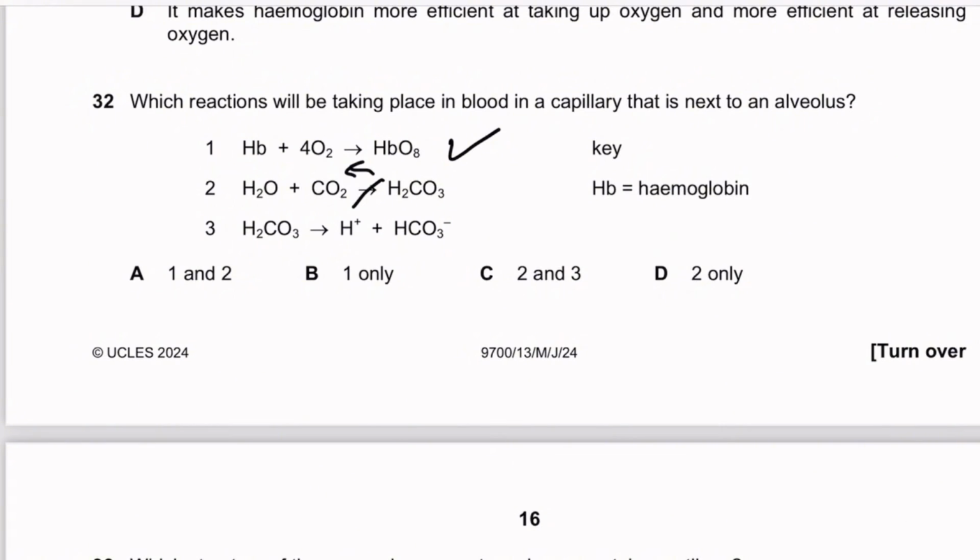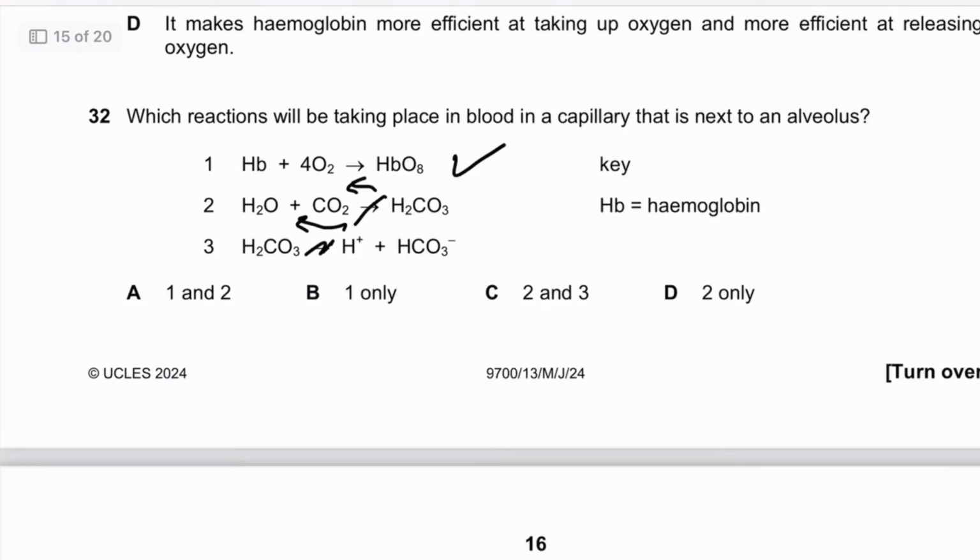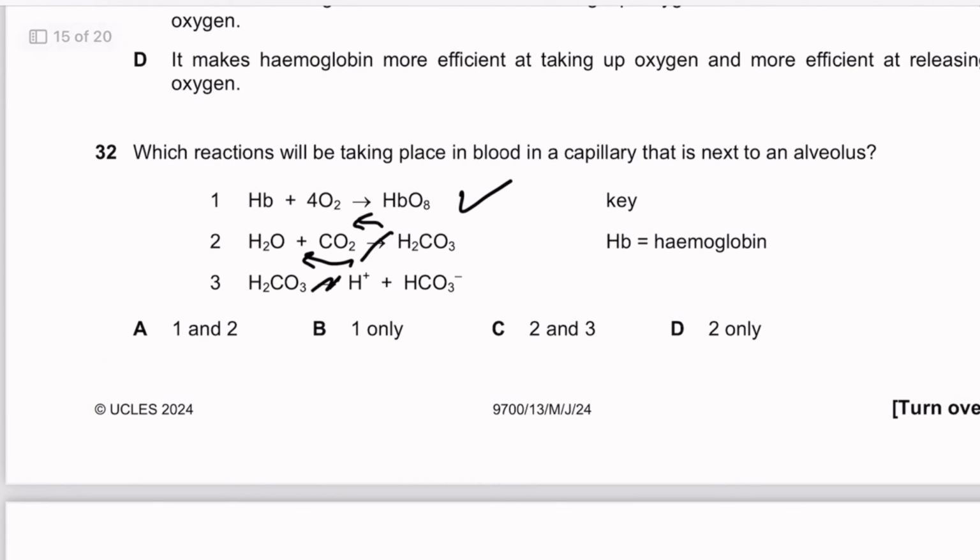Hydrogen carbonate ions bind to the hydrogen ions from the hemoglobinic acid, which dissociated as well, and they form carbonic acid. Carbonic acid will dissociate into carbon dioxide and water. Carbon dioxide is going to be released into the lungs. Oxygen from the lungs will bind to hemoglobin, forming oxyhemoglobin. So it should be just 1.